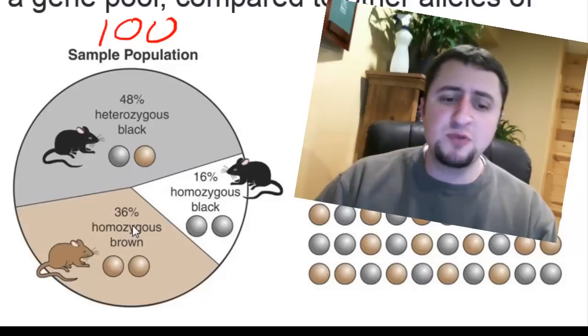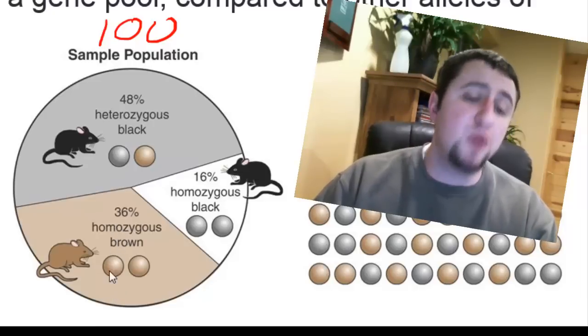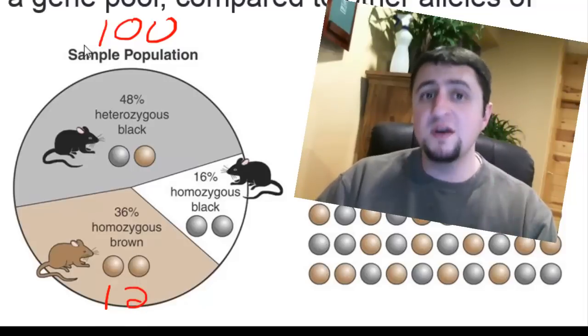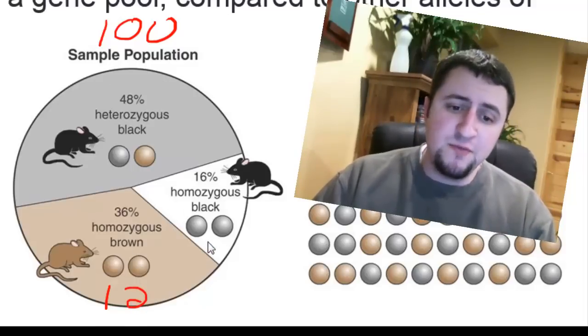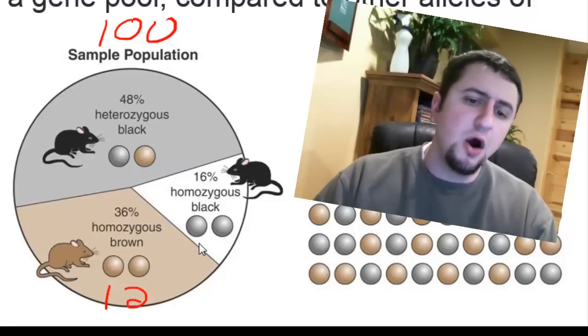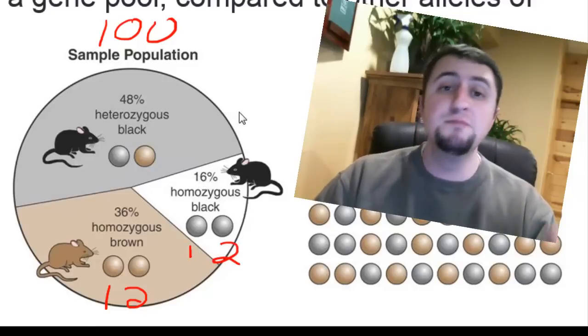And we find 36% of those rats, otherwise known as 36 of them, are homozygous brown, which means they have two alleles to be brown. And let's say we find 16% of them, or 16 out of 100, are homozygous black, which means they have 2 alleles to be black.